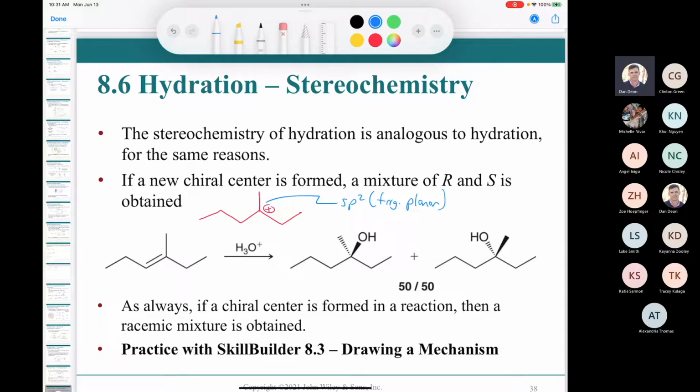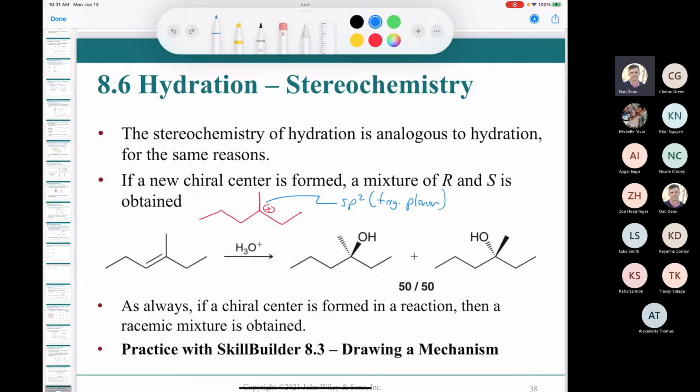Therefore, when the water comes in, it can attack from the front face of the molecule, or it can attack from the back face of the molecule. In this case, we would end up with a racemic mixture, a 50-50 mixture of a pair of enantiomers, an equal amount of R and S. So we have to take stereochemistry into consideration as well.